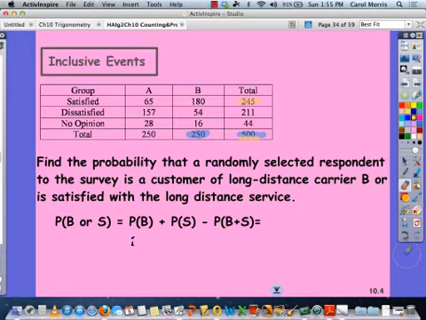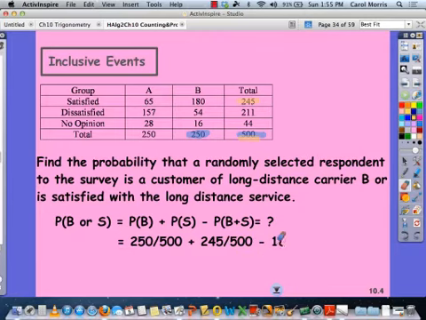But then we have to subtract the ones that are B's that are also satisfied, which I believe were 180. So again, looking at our numbers, probability of B, that was our 250 over 500. The probability of being satisfied, that was the 245 over 500.